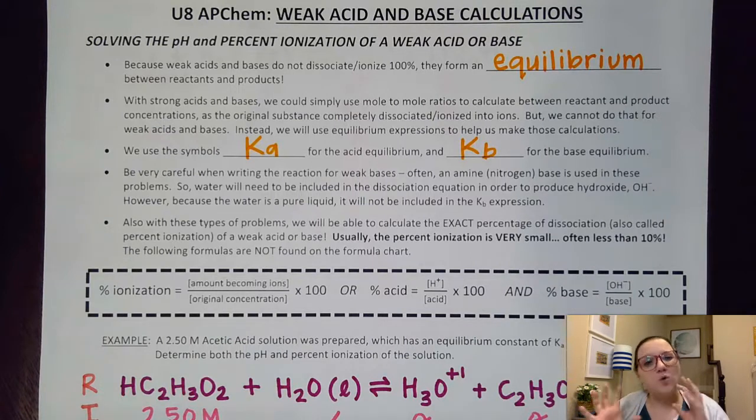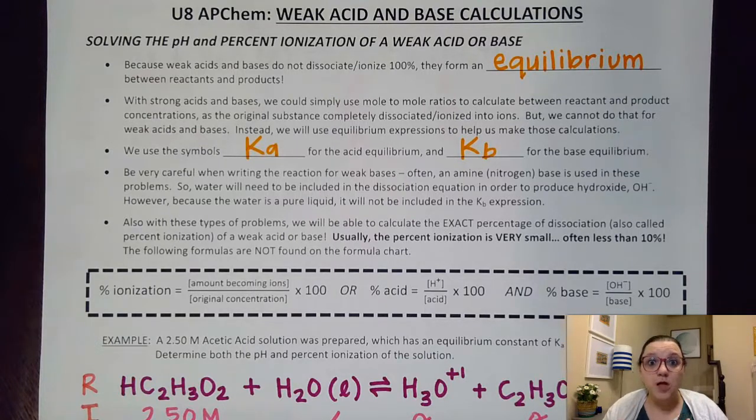In order to solve these problems, we are going to have to utilize RICE tables and equilibrium expressions to get the concentrations of those ions. So we have to go through a little more work to get those concentrations before we can use pH and pOH calculations, because they are weak acids and bases.